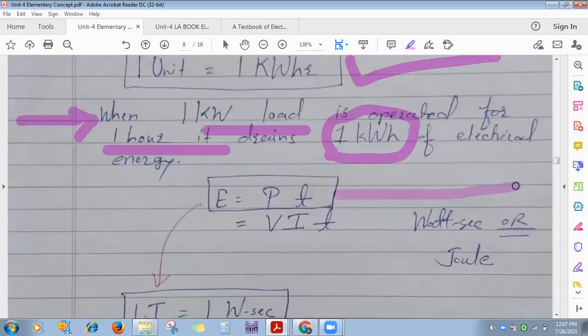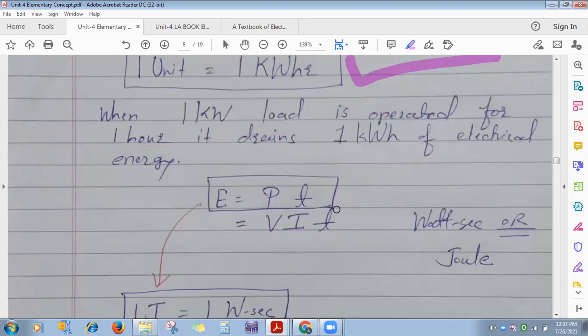So energy is power into time. Power we know is VI, time is T. Obviously, this is for a DC circuit, and for AC, when cos phi is 1. So power into time, V into I into T. The unit is joule, or for power we know it's watt, and time is in second.